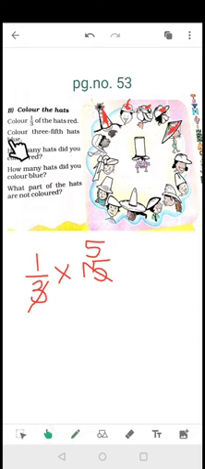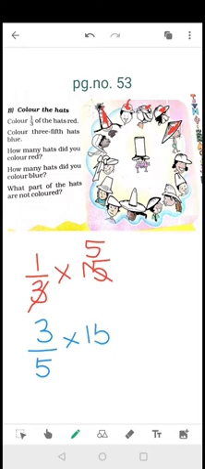Next it is given, color 3/5 hats blue. So it is 3/5. First write 3/5. How many hats? 15 hats. How many times it is coming? 3 times it is coming.